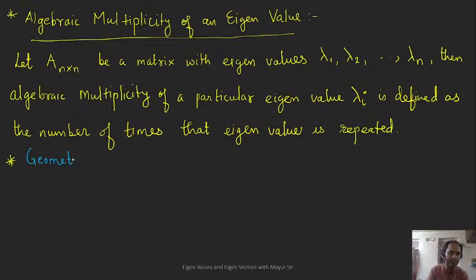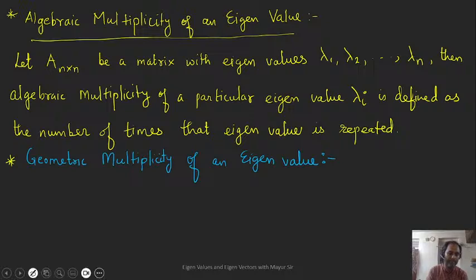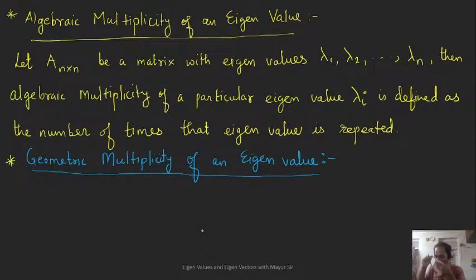Geometric multiplicity of an eigenvalue. Now this part is not clearly visible when you calculate.